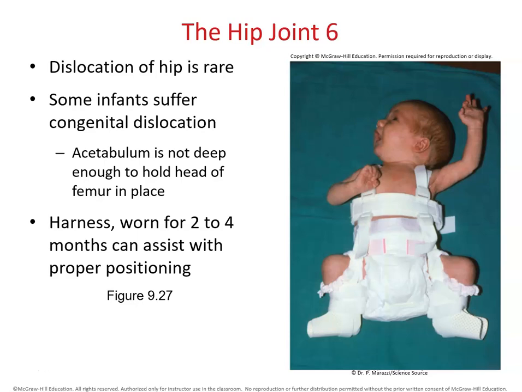So the way to fix this is to keep femur and hip in the proper position for a few months at very early ages in order to get that positioning more correct.